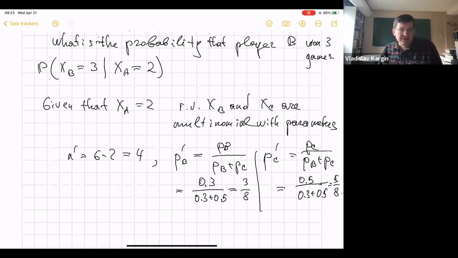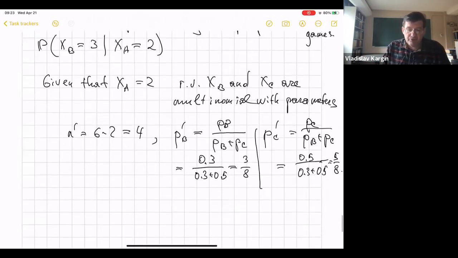In this case, there are just 2 outcomes. If there are 2 outcomes, the multinomial random variable is actually a binomial random variable. You can identify one outcome with the successes and the other with the failures.